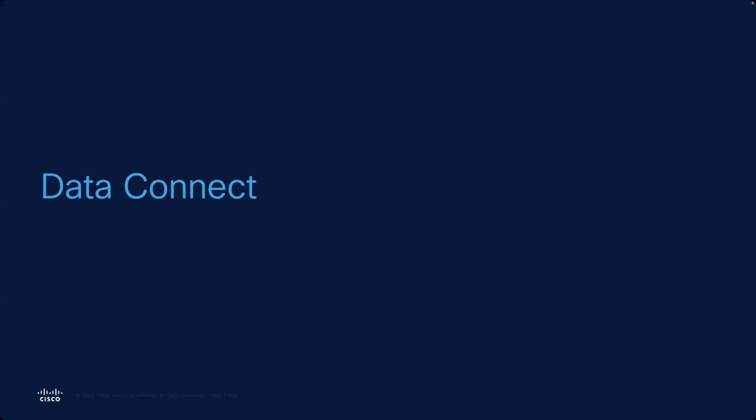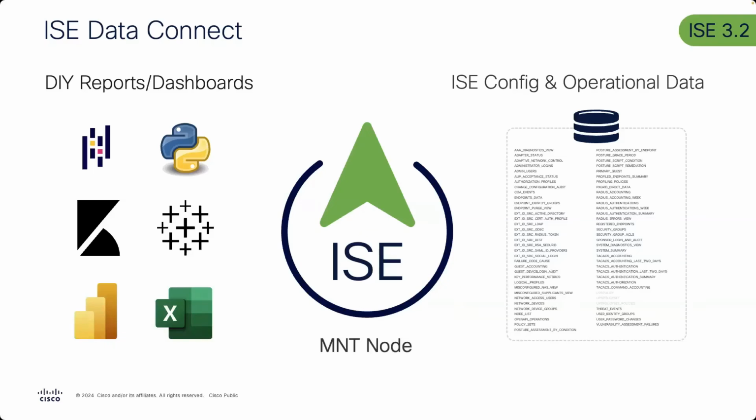Data Connect, last thing. This one is really cool. This solves a huge problem, and that is that for years we've had these static reports inside of ISE that are not very flexible. You can't really do custom queries. It's really annoying. And I kept telling the product managers, just give me an SQL interface to the database and let me do my own queries. And that's what Data Connect is.